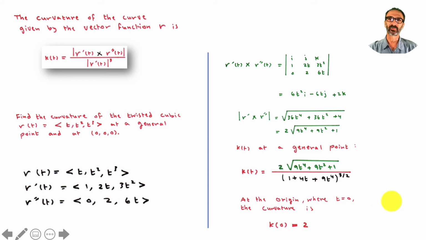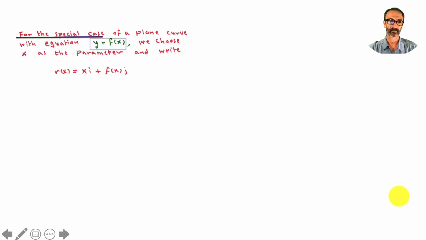Here is another form or formula for the curvature. For the special case of a plane curve with an equation y equals f of x, notice this is different. Earlier we have f of t, g of t, h of t.